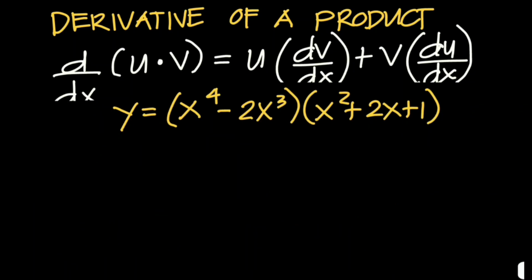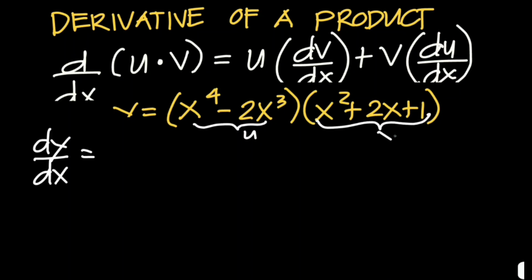How about we're given this function y equals x to the fourth minus 2x cubed times x squared plus 2x plus 1. And we get the derivative of function y with respect to x. So that is dy over dx equals, u is this one, the first expression, and this is our v.